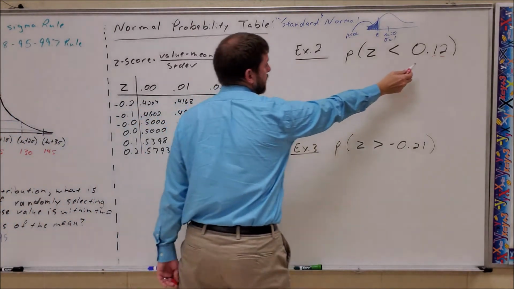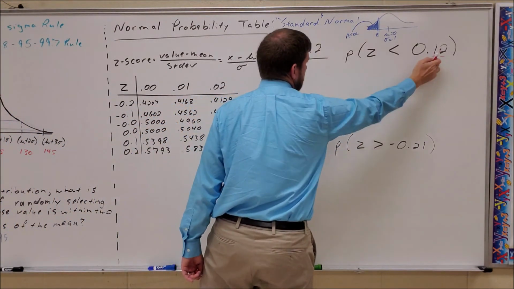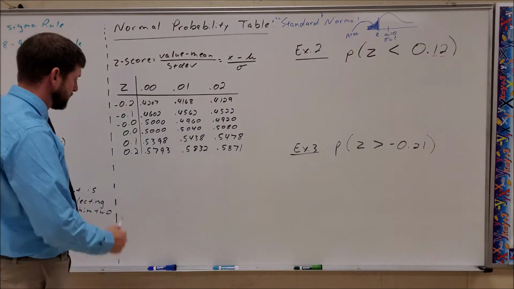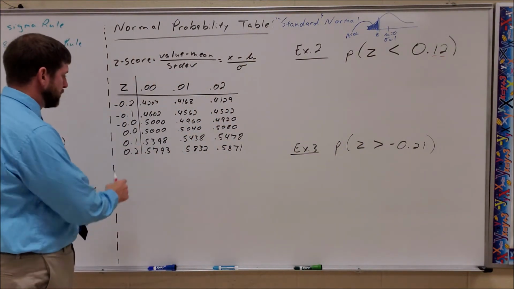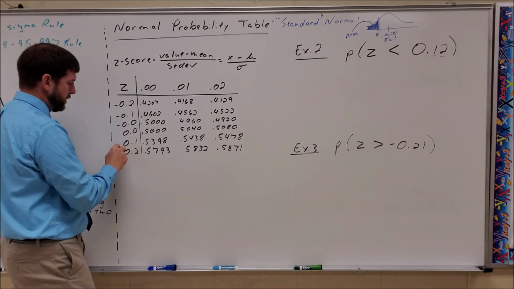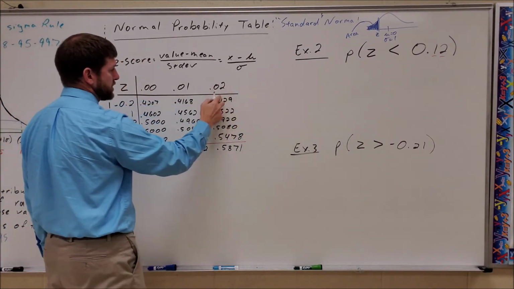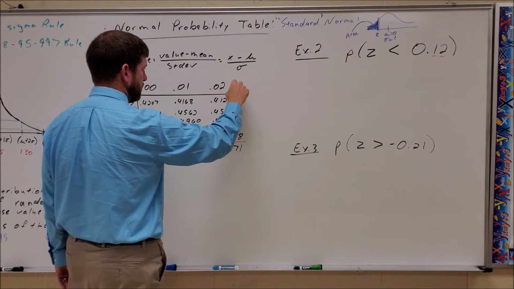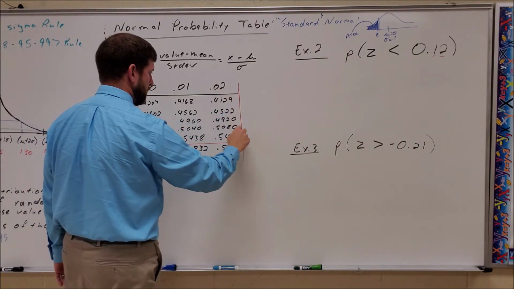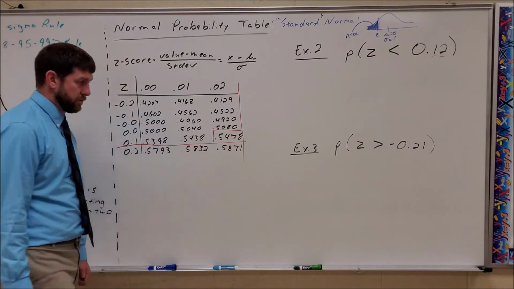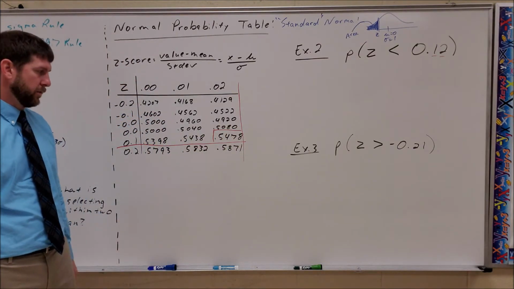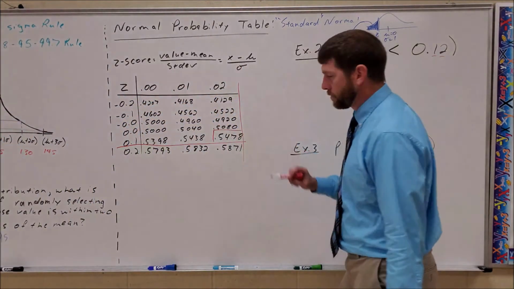Our rows are our tenths place, and our columns are our hundredths place. So 0.12 has a tenths place of 1 and a hundredths place of 2, so that should be the area that we're looking at. That should be the answer.